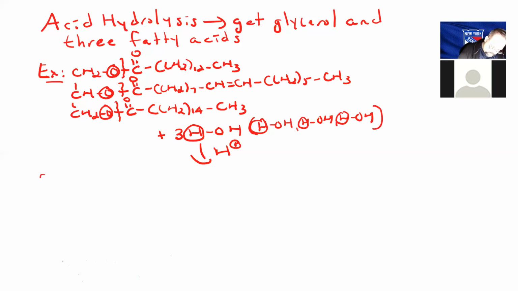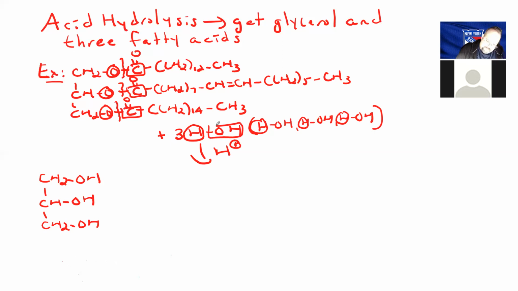When they do, you end up with something that looks like the following. And of course, what alcohol is that? That alcohol, of course, is glycerol. Okay. And then each of the C double bond O carbons pick up what from water? They pick up the OHs. So once, twice, three times. So that each of the C double bond O carbons are going to become attached to OH to give us what? To give us the three fatty acids.